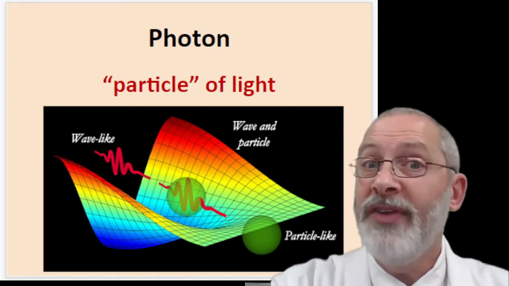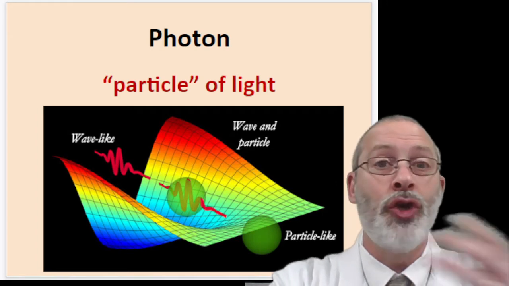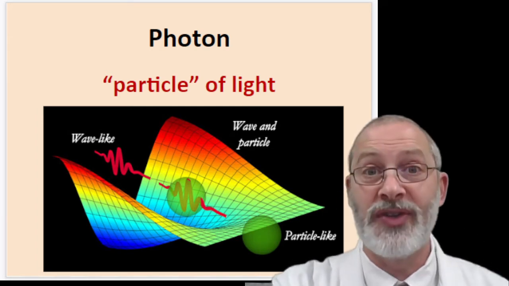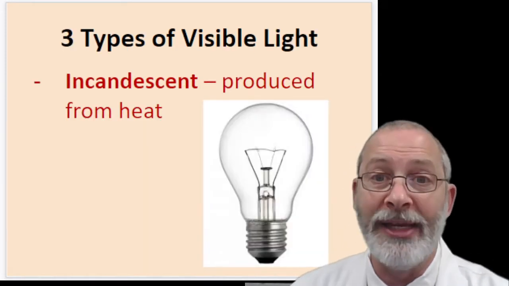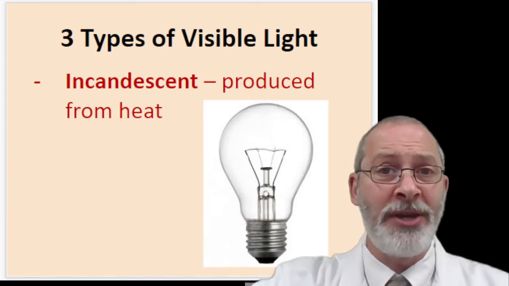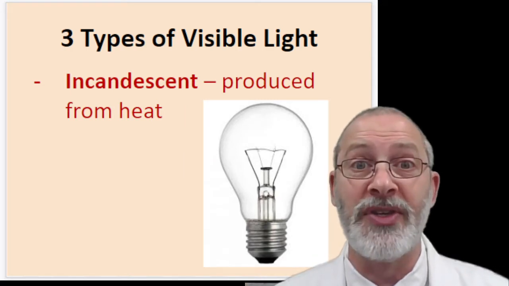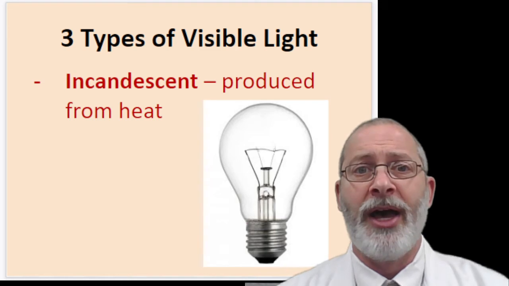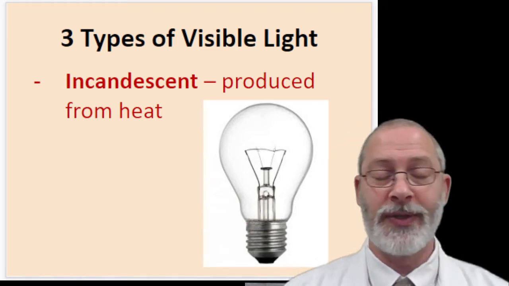Not all visible light is the same. In human society today, we have a number of artificial sources of light, and I want to talk about those right now. Natural light we get from the sun during the daytime hours, and visible light from the sun is a full spectrum of colors that shines on planet Earth and everything else in space.